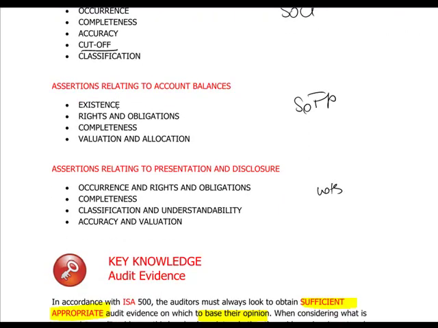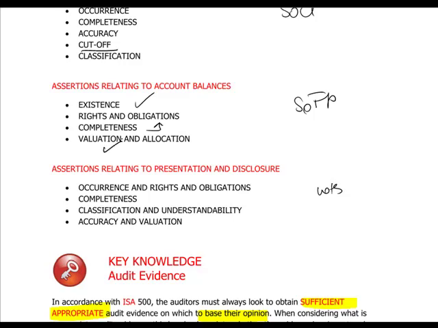Similar to the account balances, the statement of financial position, we want to know that, for example, inventory and other assets exist, that we have the right to collect some accounts receivable, and we have the obligations to pay some accounts payable. So all the obligations are presented, meaning all of them were completely presented. And they are valued and allocated properly in the statement of financial position.